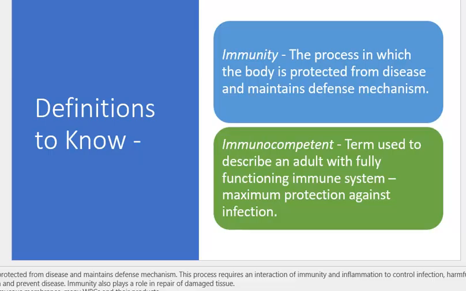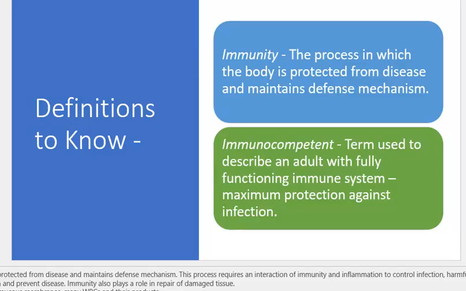Immunity is the process in which the body is protected from disease and maintains defense mechanisms. This process requires an interaction of immunity and inflammation to control infection, harmful microorganisms, or altered cells. Immunity with inflammation is critical to maintain health and prevent disease.